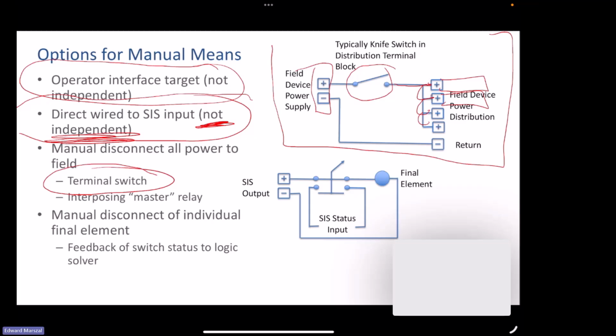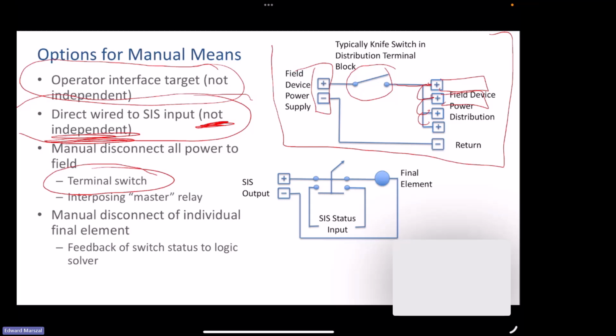Now, that mechanism of doing everything is cheap. It's easy. You could probably buy a knife switch to install on your terminal block for less than $1, less than $10 for sure. But this has got two key drawbacks. The first drawback is when you disconnect the power, it's not selective. You're disconnecting power to everything.